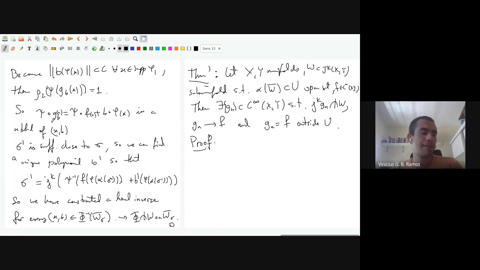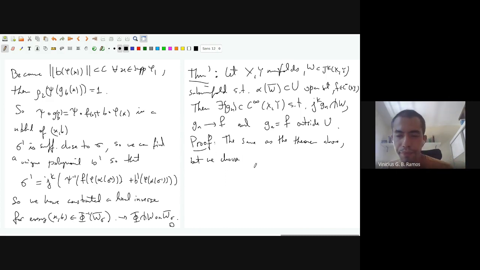It's just the same proof as before. The proof is the same as the theorem above, but we have to choose all the neighborhoods.